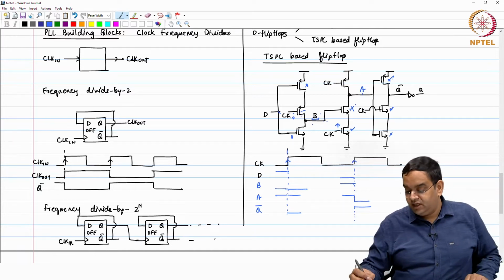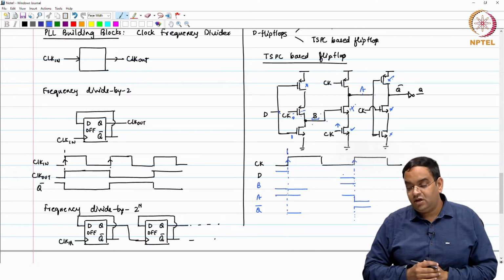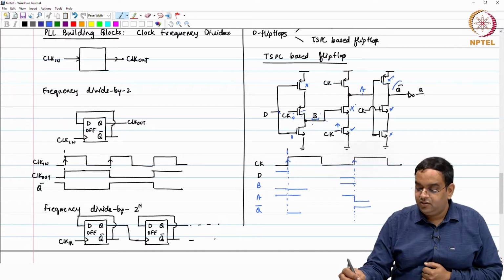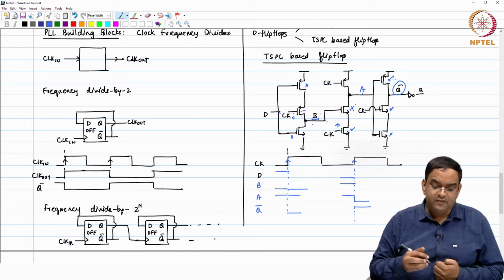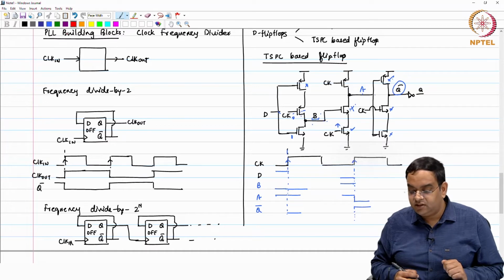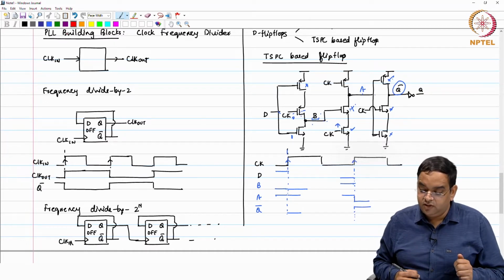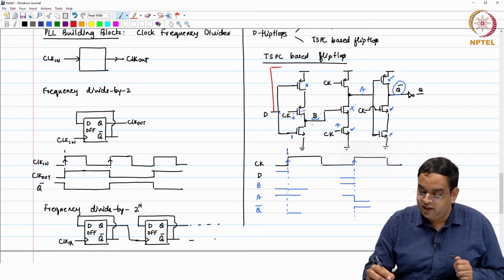If A signal goes low, then your Q bar signal will go high. So, what you are doing here is you are sampling the input at the rising edge of the clock, and here you are actually keeping this as a Q bar. Now, in order to have a D flip flop based clock divider, divide by 2, you can very well connect it in this manner, right.